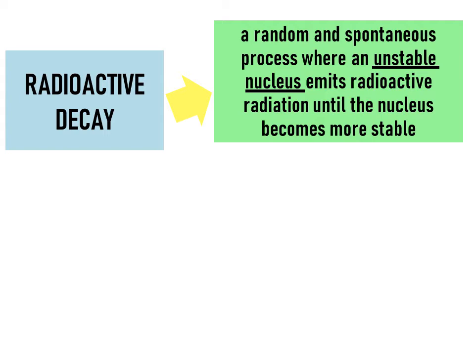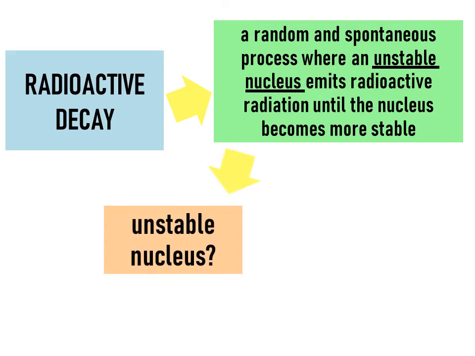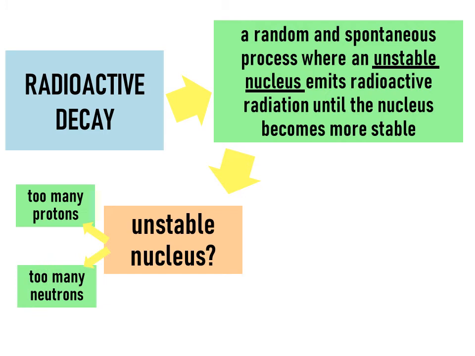Remember when we talked about the strong nuclear forces in the previous slide, which determine whether a nucleus is stable or unstable? But what makes a nucleus unstable? An unstable nucleus has either too many protons or too many neutrons, which upsets the strong nuclear forces.